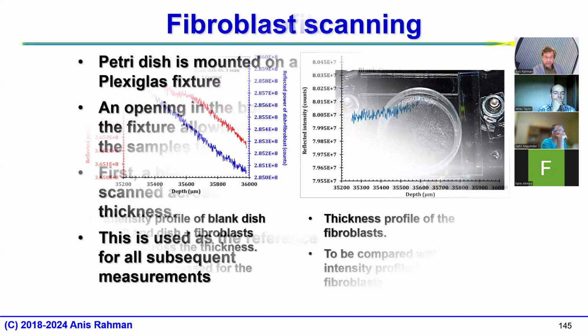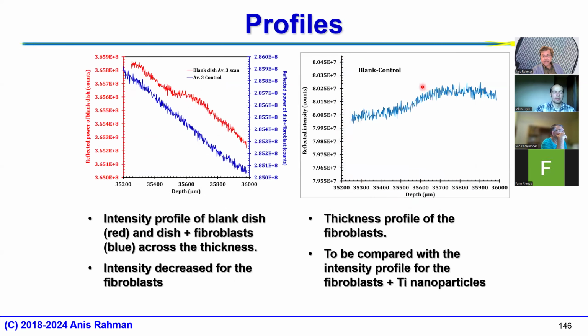So first we measured a blank petri dish, and then we had the control specimen, which is standard fibroblast cells they got from NIH.